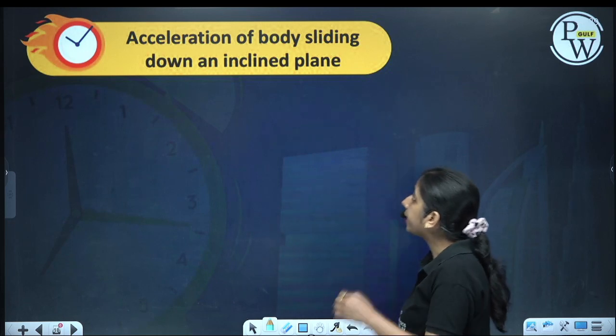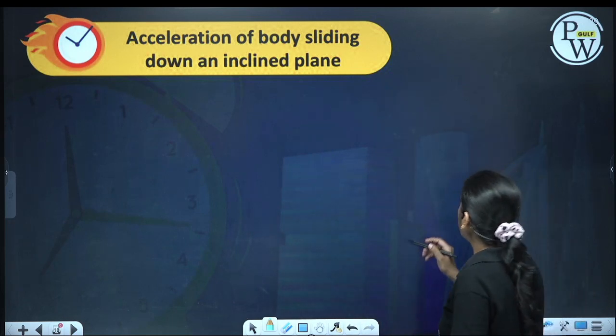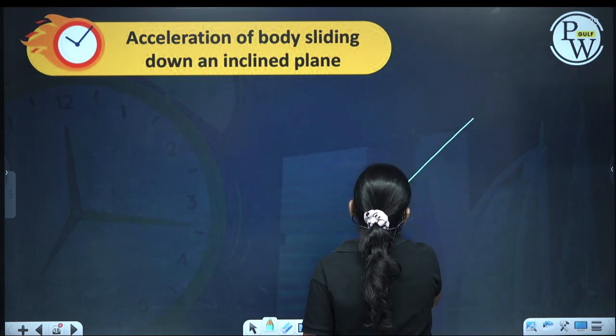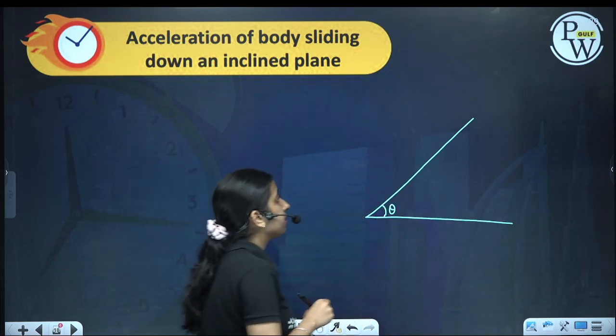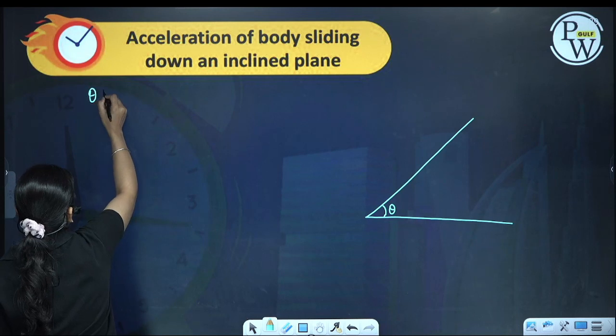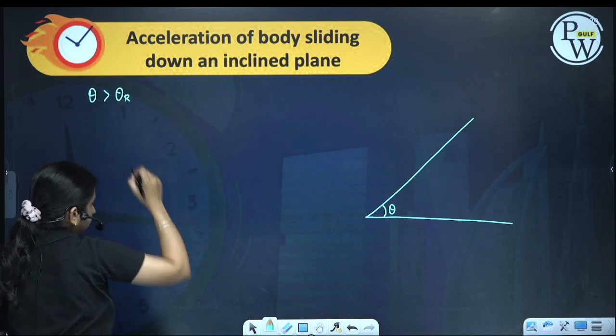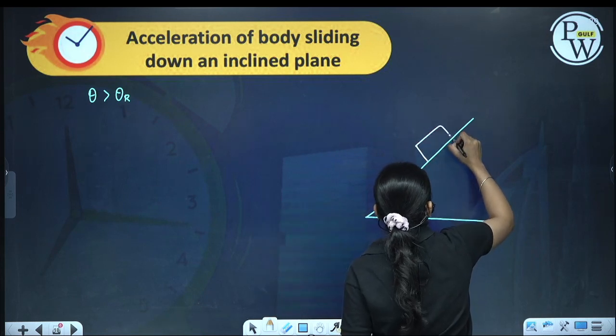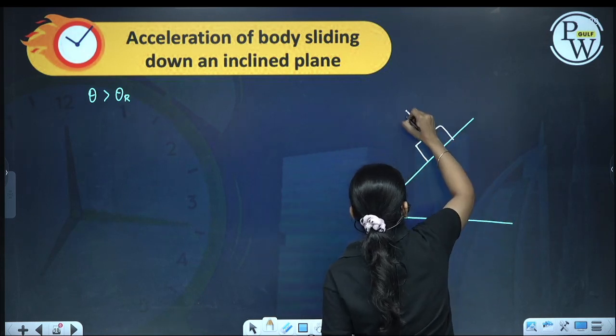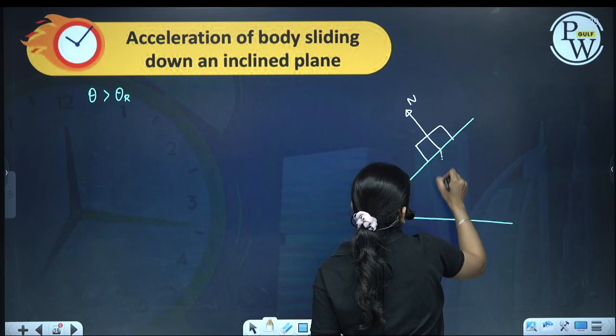Now let us see the acceleration of a body sliding down an inclined plane. We have an inclined plane where theta is greater than the angle of repose, and a body kept over this plane. Draw the forces acting on it.